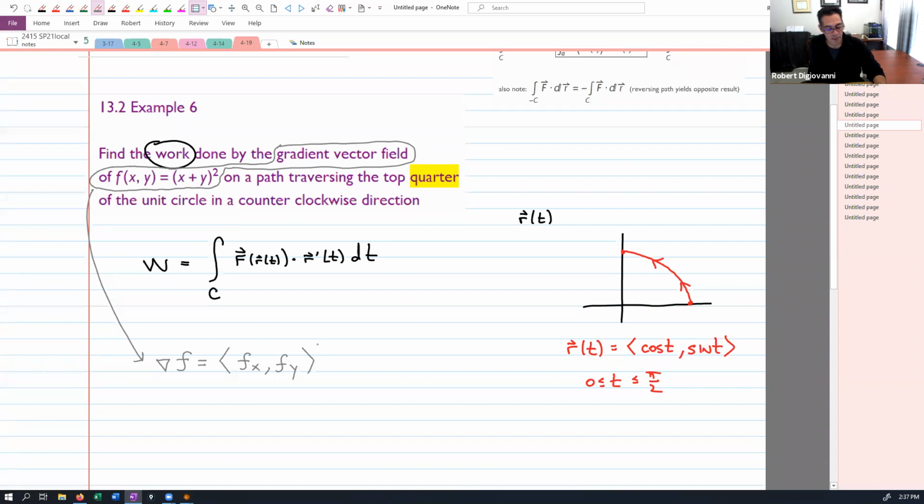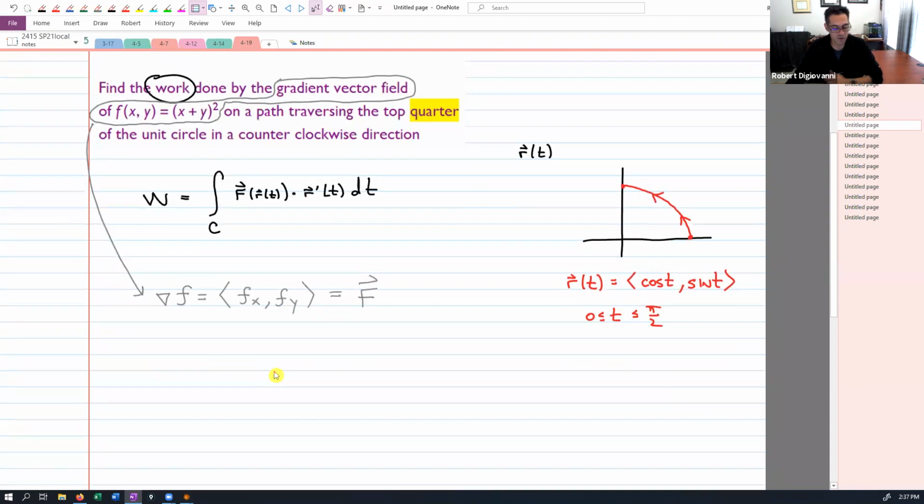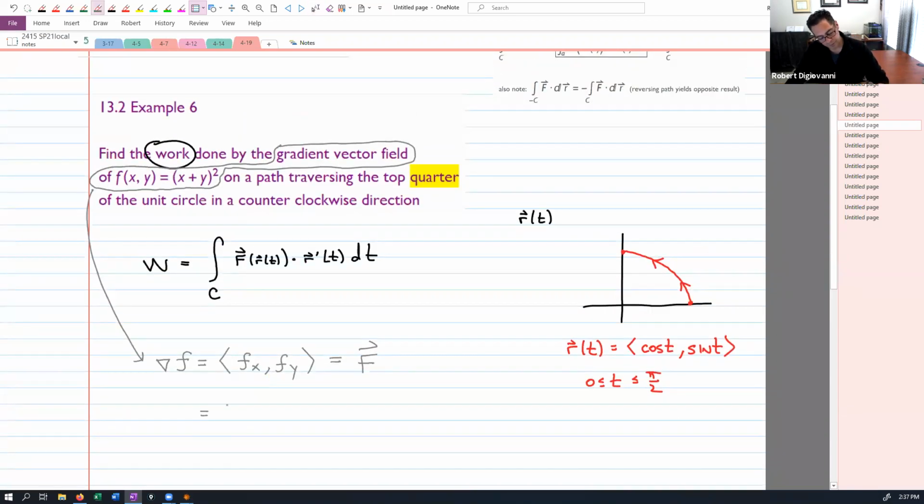This is what they're telling us they want our capital F to be. Find the work done by the gradient vector field. What's the gradient vector field? Well, that's going to be this. So what are those partials? What's the partial of this with respect to x? I think it's just 2x plus y.